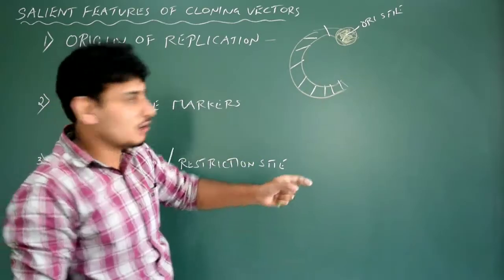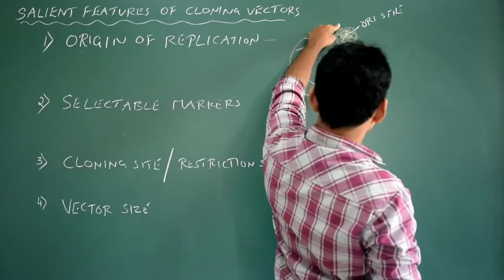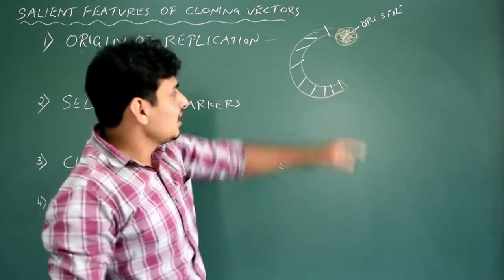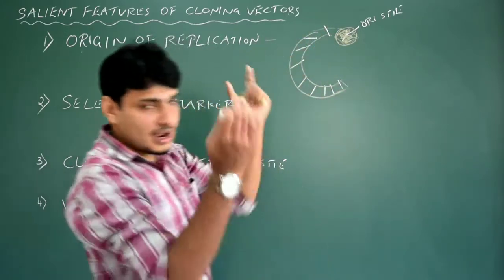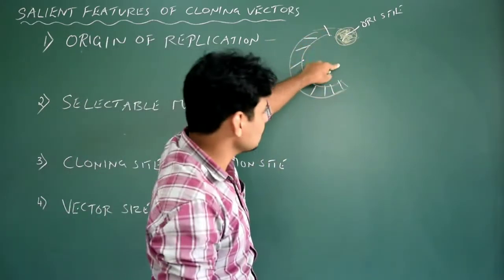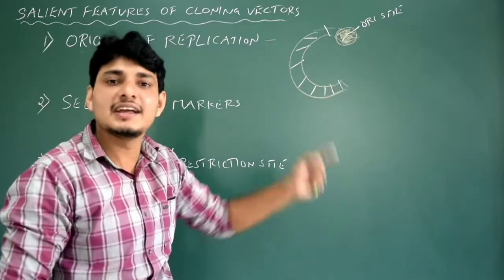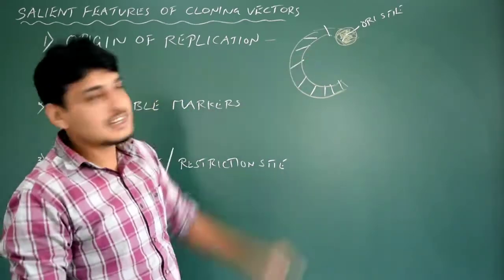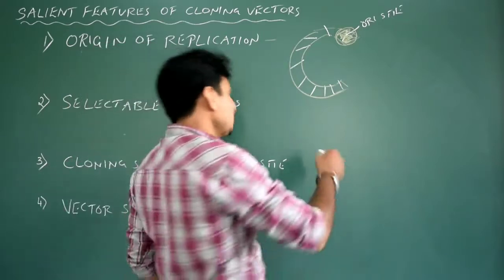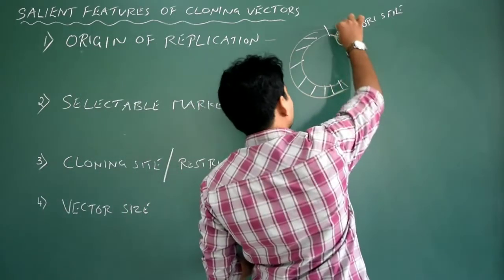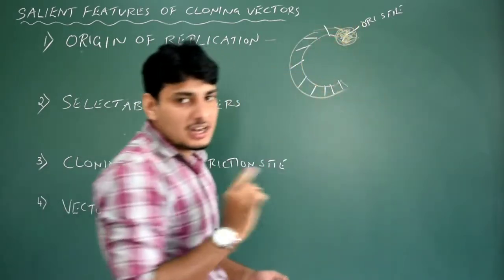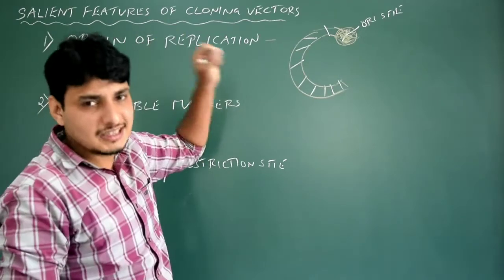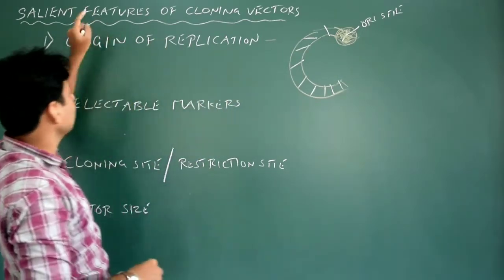If the restriction enzyme starts its action from here, obviously the ORI site will be deleted, and even after you ligate a foreign DNA to this and construct a recombinant DNA and introduce it into the host organism, it will not replicate. Why? The ORI site is lost. So be very careful. The ORI site should be retained. So origin of replication is a must and a very important property of the cloning vector.